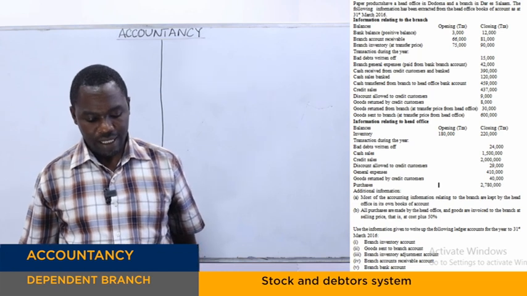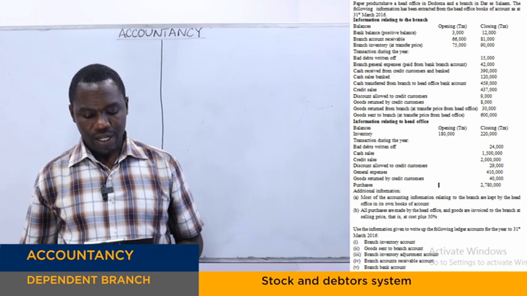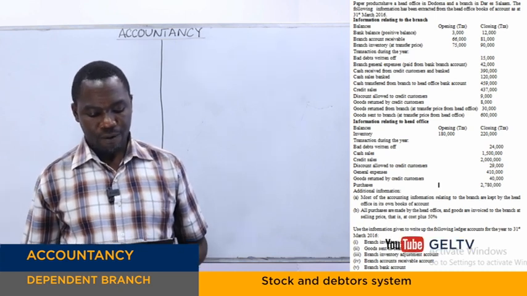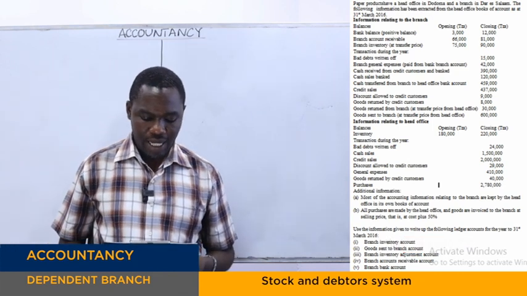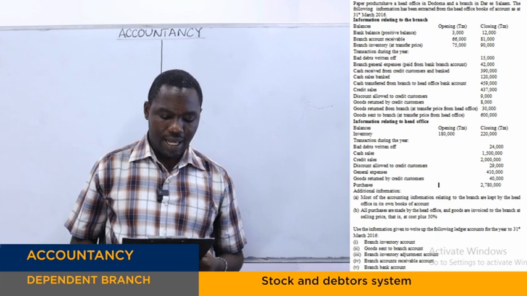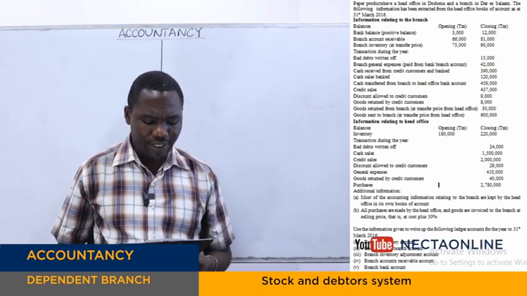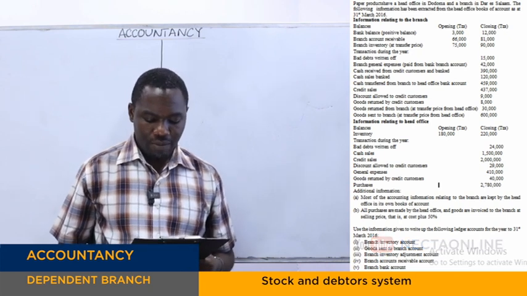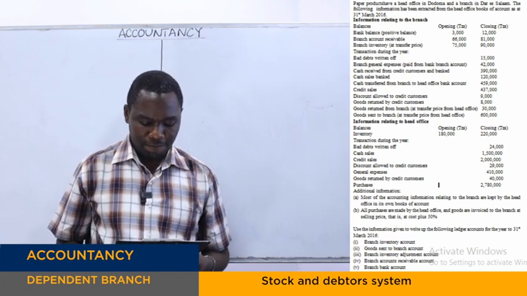There are balances, that is opening and closing. We have inventory, 180,000 opening, and closing 220,000. And the transactions during the year, relating to head office. There are bad debts written off, 24,000. Cash sales, 1,500,000. Credit sales, 2 million.